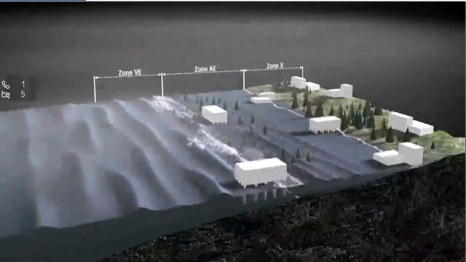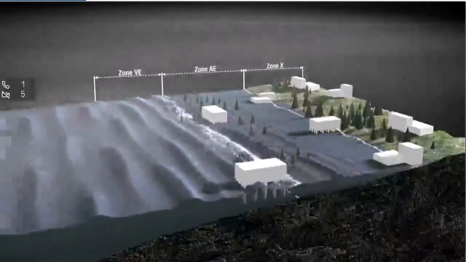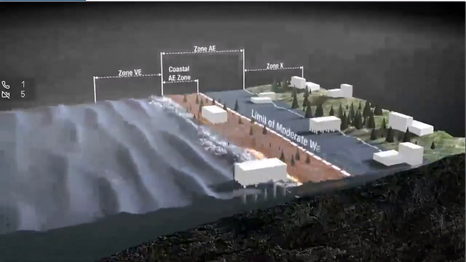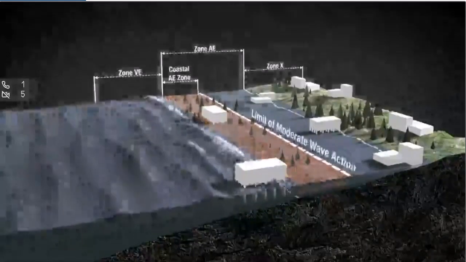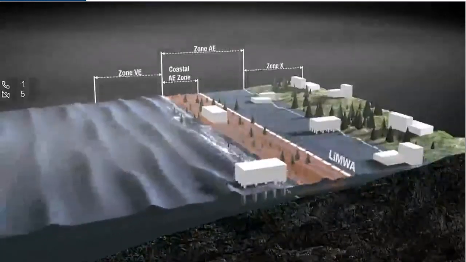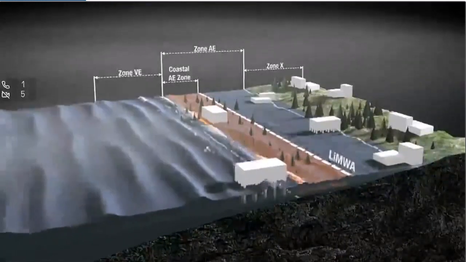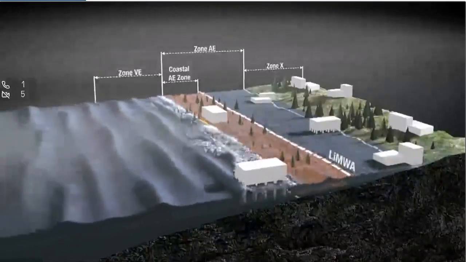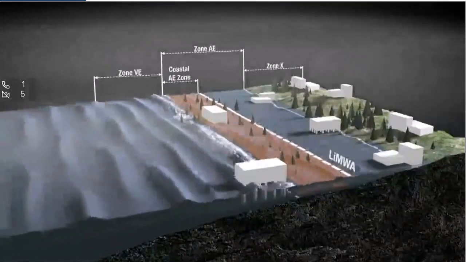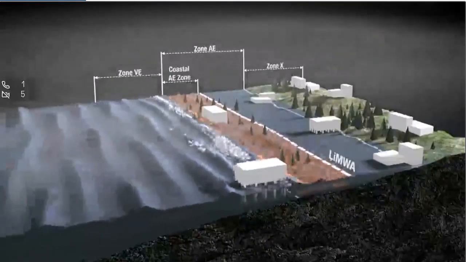For the first time, FEMA has established another area within the AE zone called the Limit of Moderate Wave Action, or LIMWA. These moderate waves can cause damage to buildings, though they are not as damaging as the waves expected in the VE zone. Communities that adopt the Limit of Moderate Wave Action as a higher regulatory standard may earn flood insurance rate discounts.